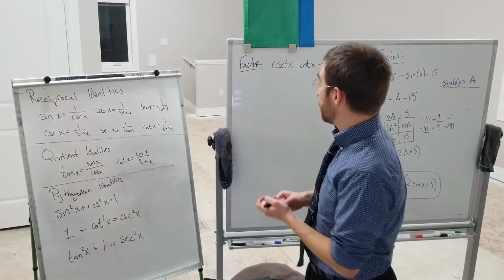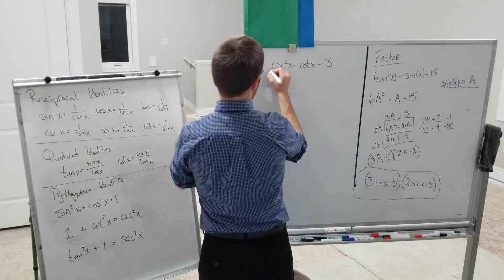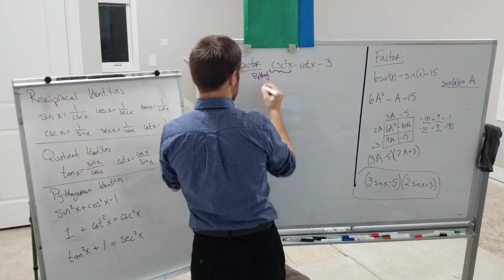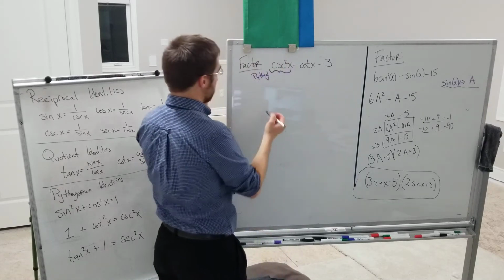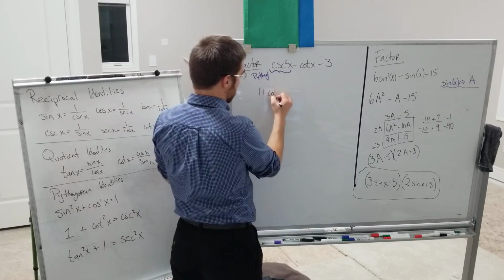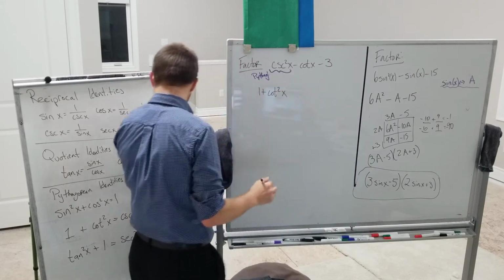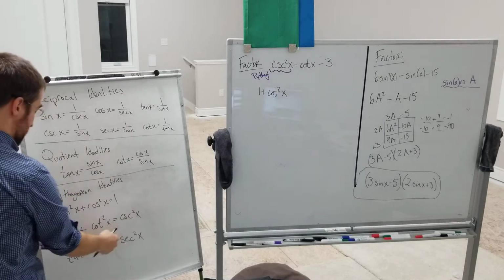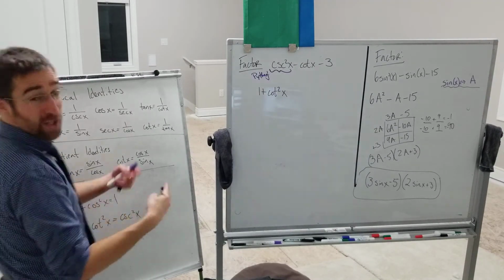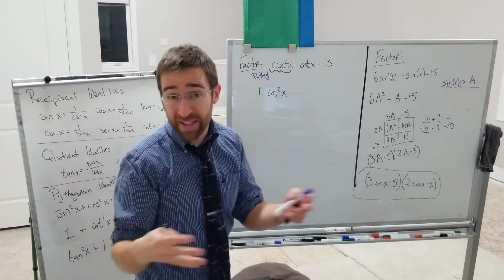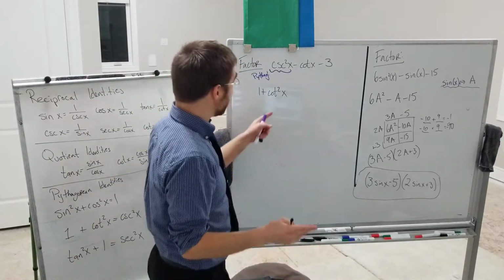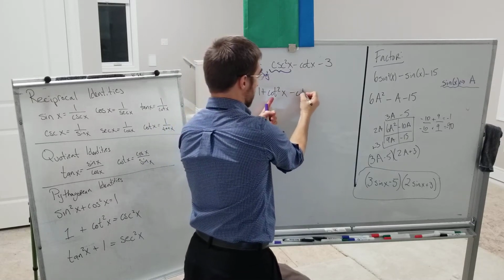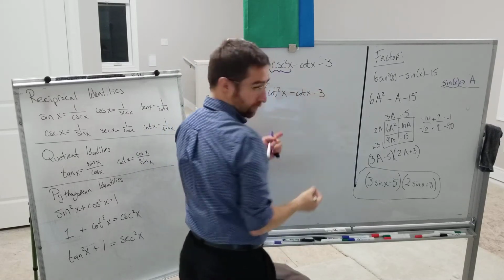So what I'm going to do is replace this cosecant squared. We're going to do a little Pythag action. And we're going to replace it with 1 plus cotangent squared x using this identity. These are the same thing. So I can substitute in any expression I want, and I want to do that so that I get cotangent squared and cotangent together.